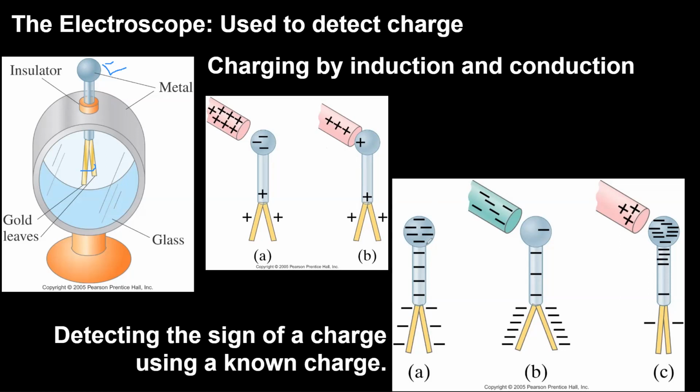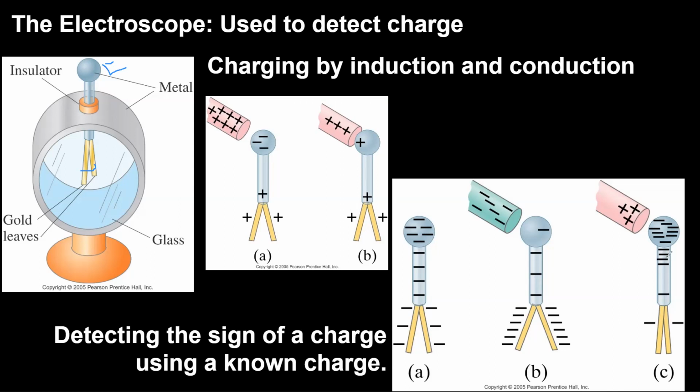Now, another way of doing it is you charge the electroscope metal by itself. So let's say we do it with a negative charge without losing generality. So let's say we put a negatively charged item here. The electrons will be repulsed by this and they'll move down. Then this part would be densely packed with negative charge, and they will move farther apart from one another compared to the default position.